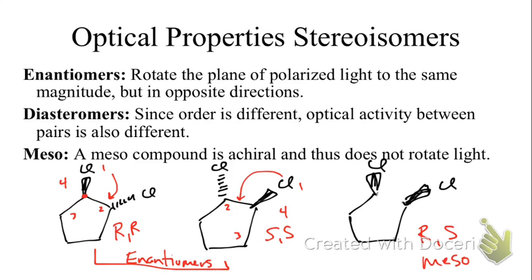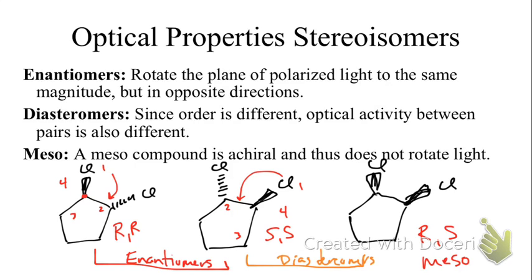So you could go back to the review slides or review the section where we talked about these. And if we looked at the relationship between either of our enantiomers and our meso compound, we'd be looking at diastereomers.